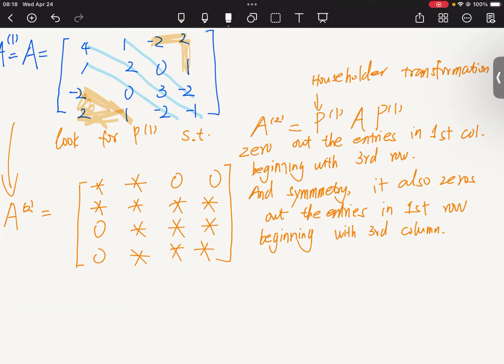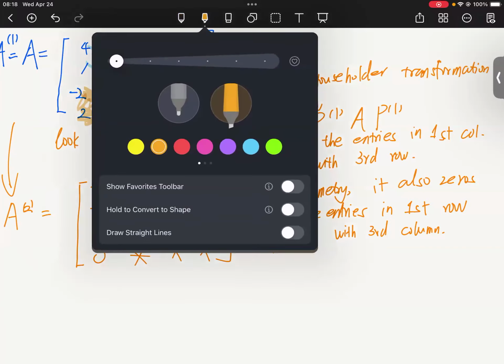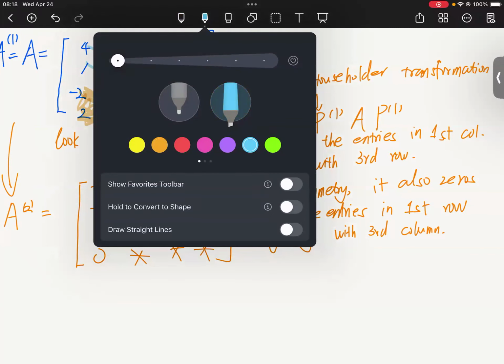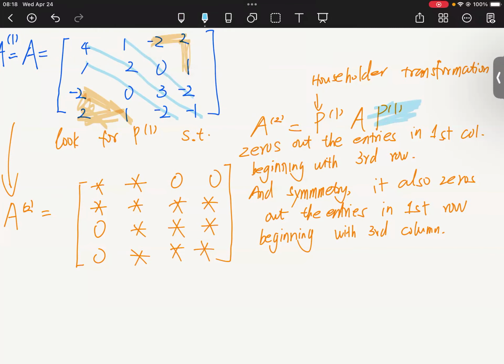And so let's see. If you want to design such a transformation here, a very important thing to decide is the W in the Householder transformation.